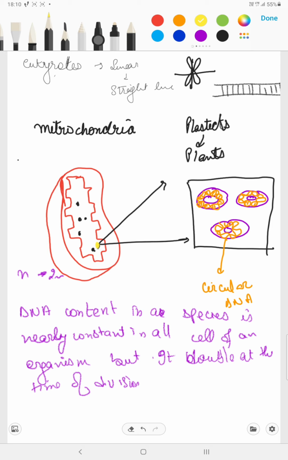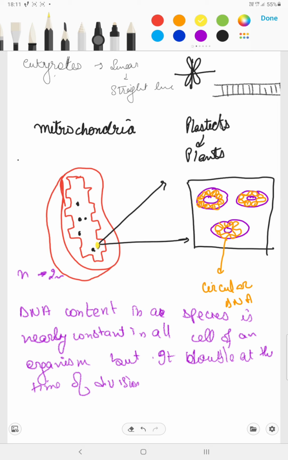Now, a very interesting fact that I have written here is that DNA content in a species is nearly constant in all cells of an organism, but it doubles at the time of division. It is a very clear concept: if I talk about a species, let it be humans, the species Homo sapiens, all persons have the same content of DNA in their body. The DNA content differs throughout life only in one phase, the phase of division.